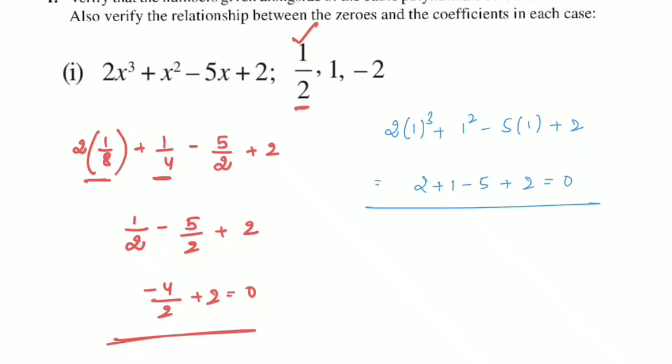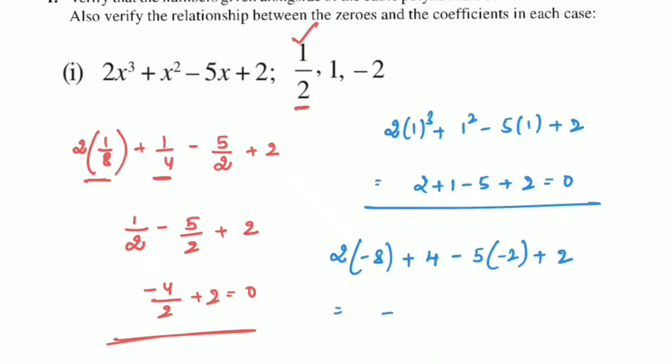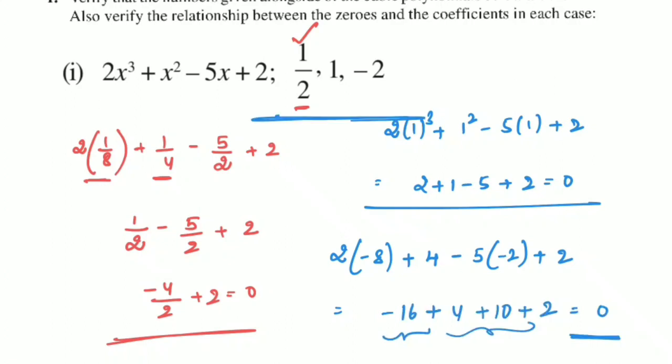Now substitute minus 2. 2 into minus 2 cube is minus 8, plus 2 square is 4, minus 5 into minus 2 plus 2. This is minus 16 plus 4 plus 10 plus 2; minus 16 plus 16 becomes 0. Therefore these three are zeros of the given polynomial.